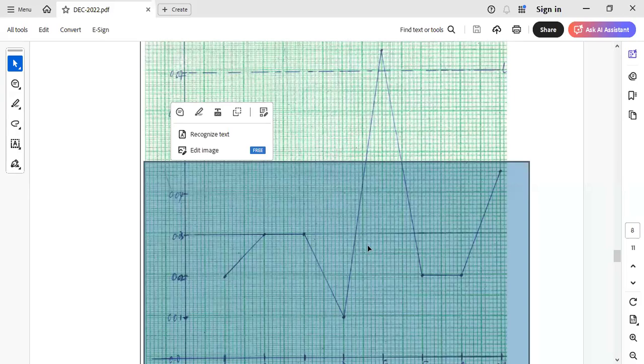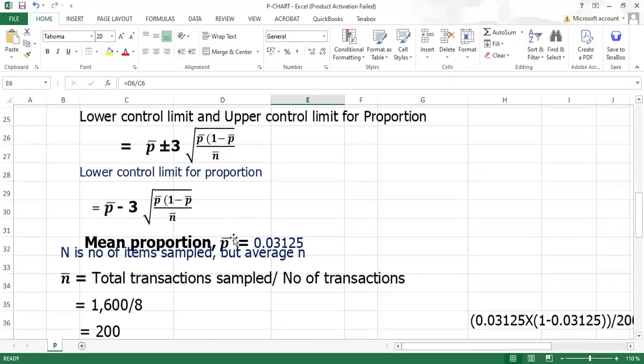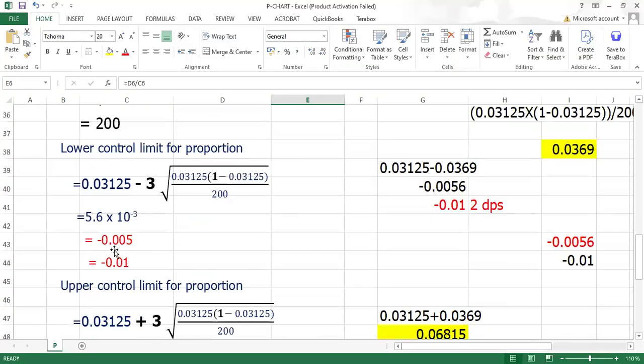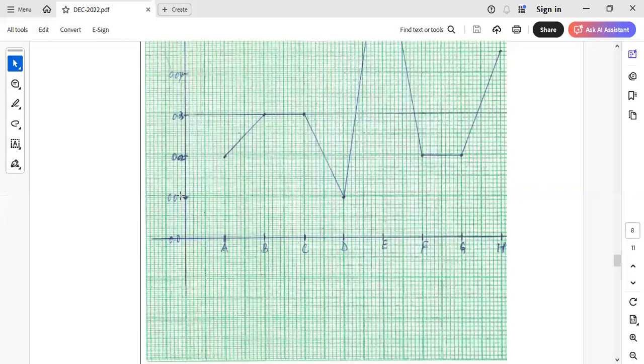Then I also look for the lower control limit. Remember, your lower control limit is negative what? Negative 0.01. So where do you get negative 0.01? Negatives are down.